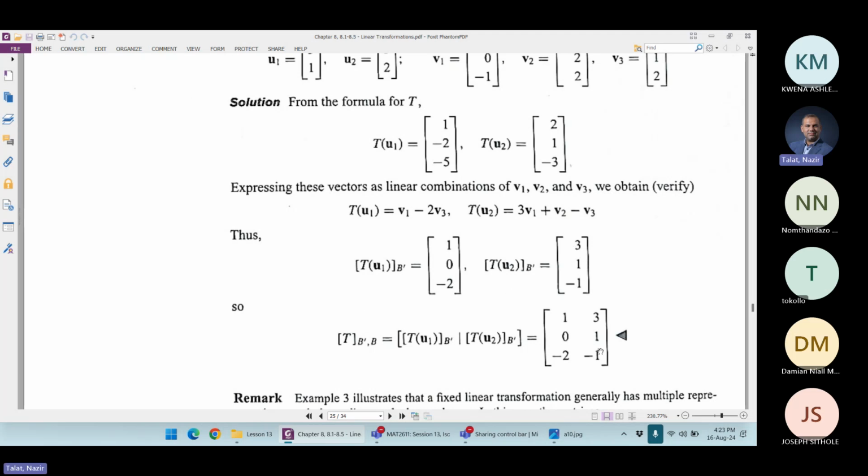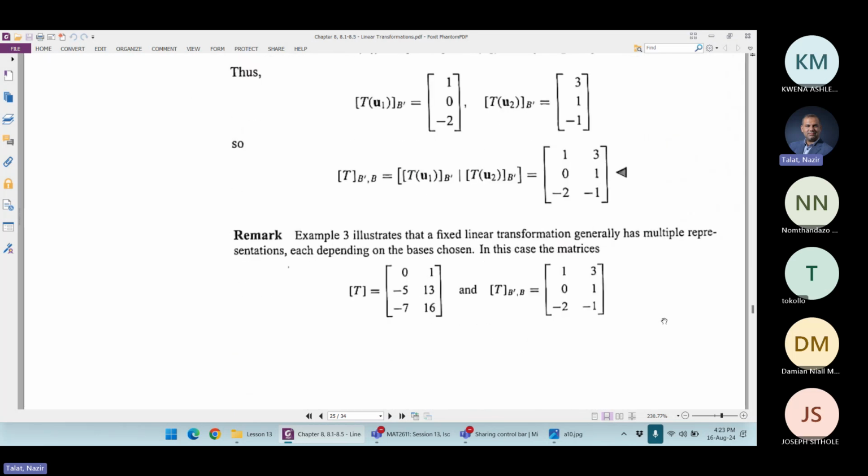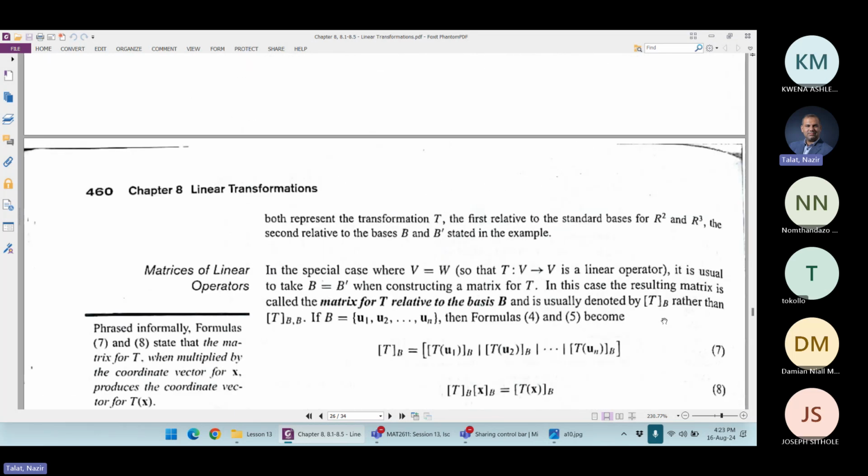And if we combine these entries, we will obtain a matrix, which is a transformation from B star to B. So this is basically the idea to obtain these expressions.